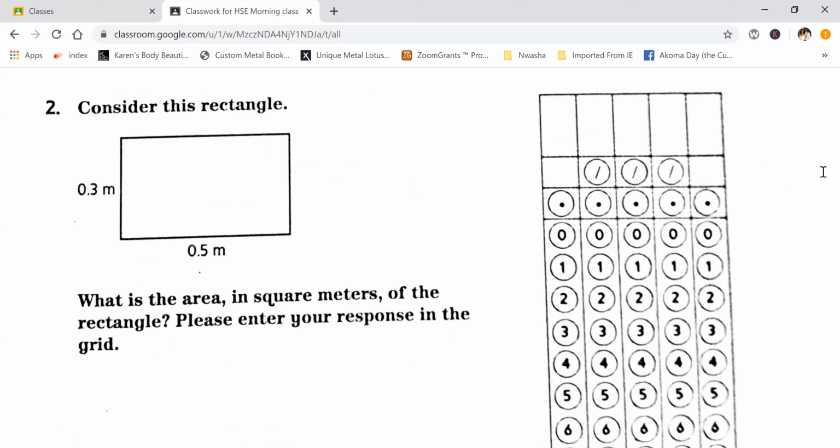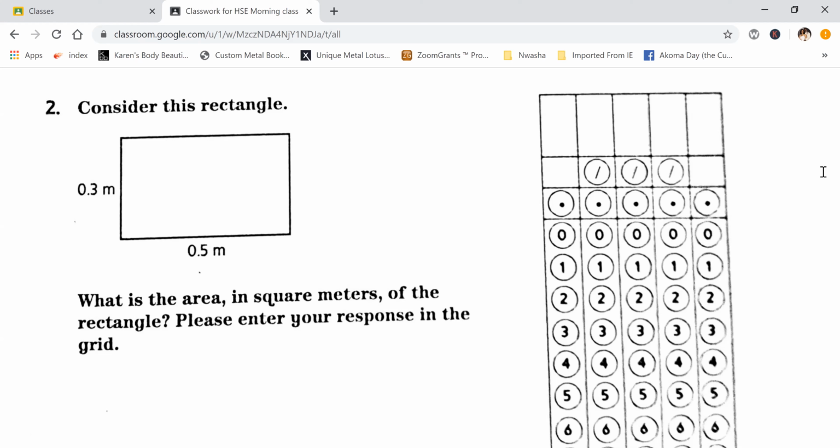Area is length times width. And these numbers are 3 times 5. So even though it has a decimal, you can do this in your head because you already know the multiplication table. So what is 3 times 5? 15, right? And you are going to have a decimal in front of the 15.